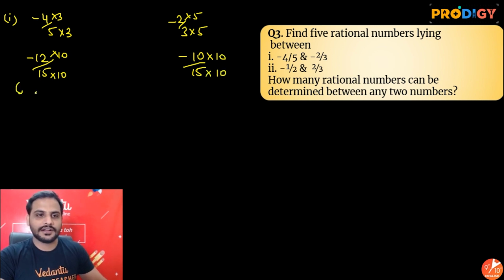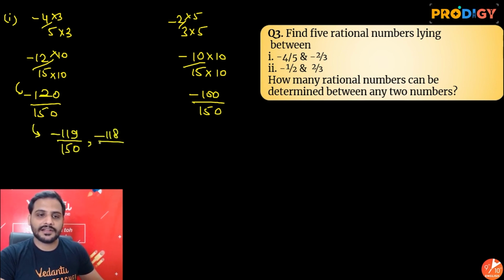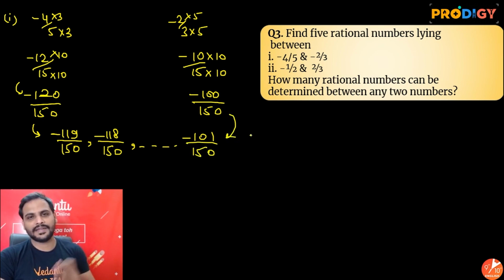So we have got -120 upon 150 and here -100 upon 150. So between these two we have -119 upon 150, -118 upon 150, till -101 upon 150. So you can write any 5 numbers out of these. Okay? This I have shown you in this method. I have told you in the first class also.